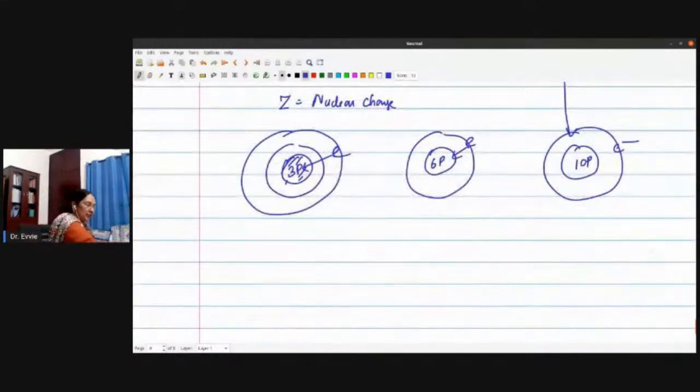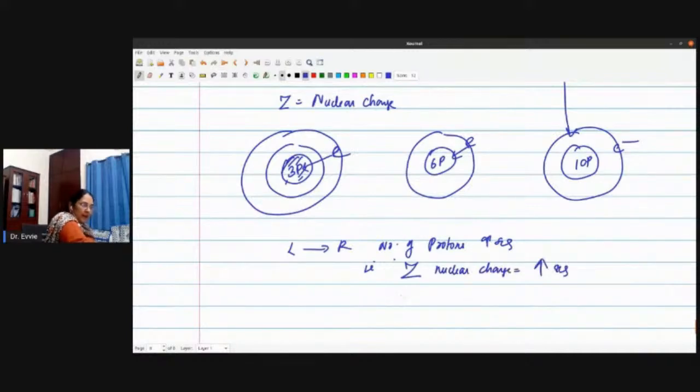You would have studied that from left to right, the number of protons increases, that is, the nuclear charge Z increases, and the electron attraction also increases.